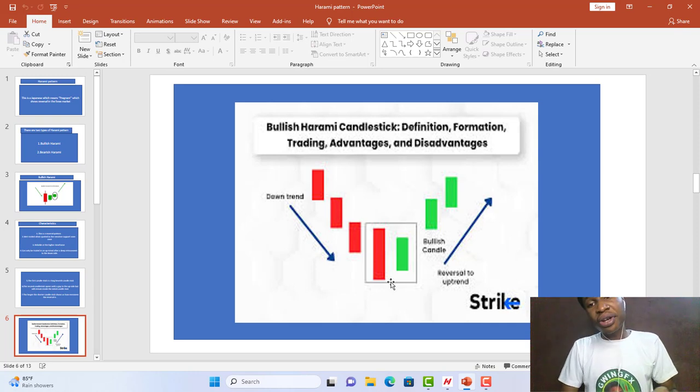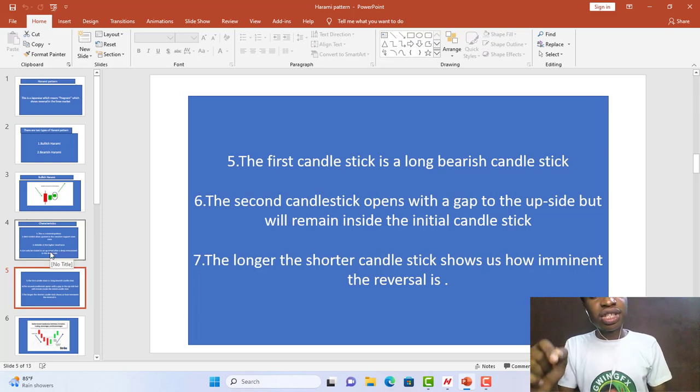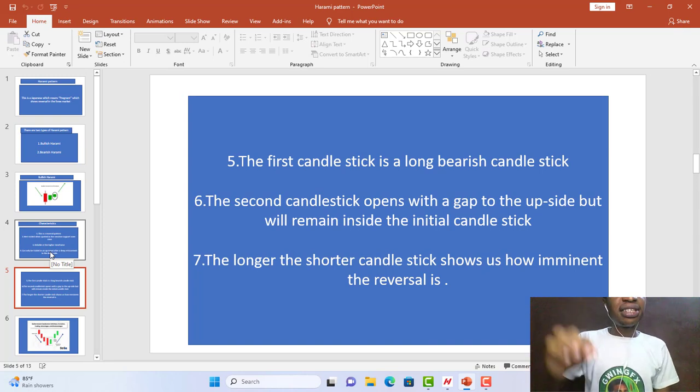You see it going, going, going. So that means they've started picking up their profit. That was why there was a sudden shift, a gap to the upside, right? So not only the gap, there must be a gap to the upside, forming the other bullish candlestick in the bullish Harami. The longer the shorter candlestick, it shows us how imminent the reversal would be.